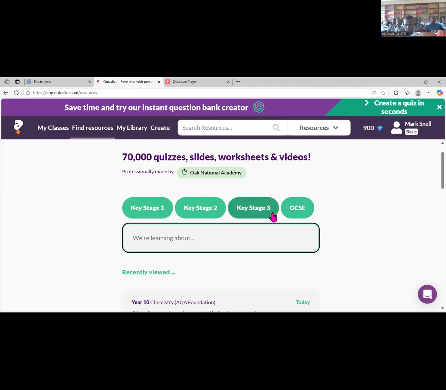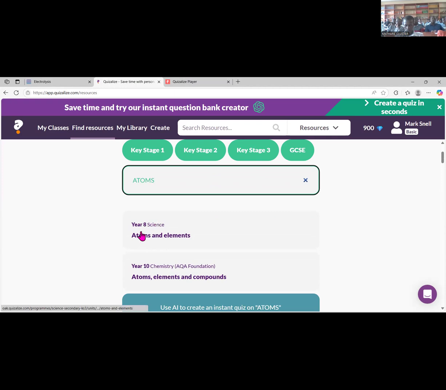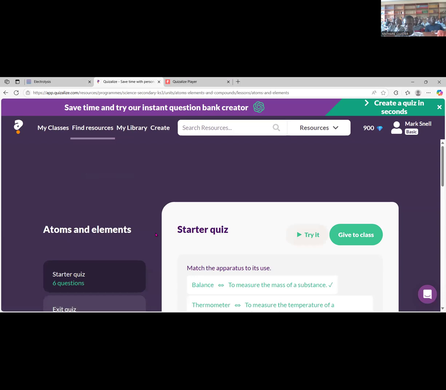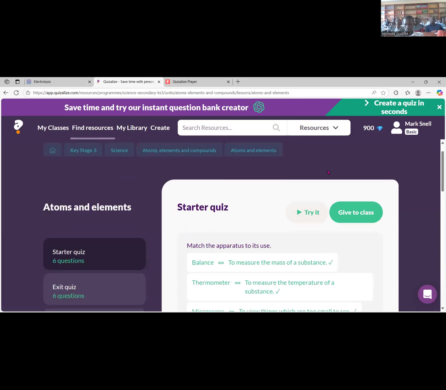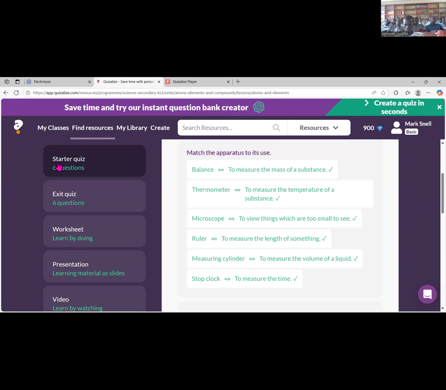So let's say I'm finding on atoms. Okay, I'm going to find out about atoms. Now, if you remember that you add 5 or 6 to the year, then this is for 13-year-olds. So maybe if you've got a class of 13-year-olds, you might say, okay, I'll look at this. And in most of these, they have a little starter quiz at the beginning to see if they already know it.